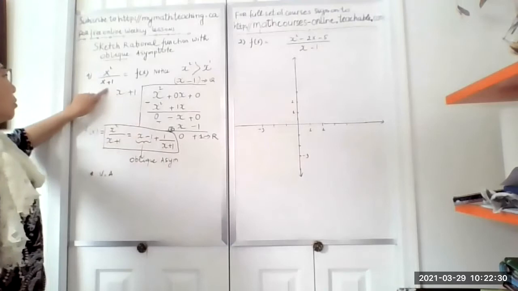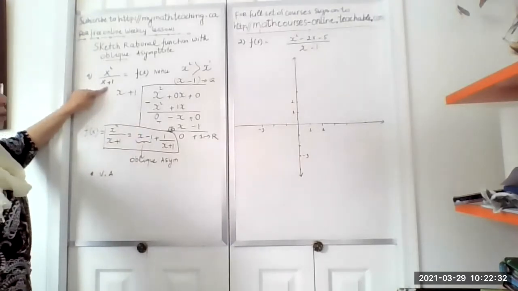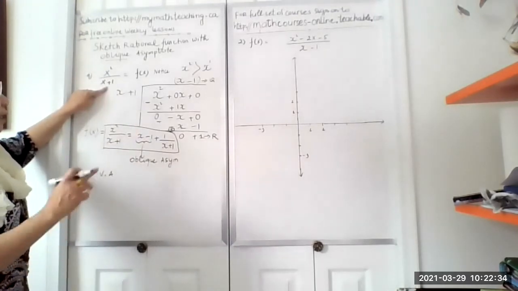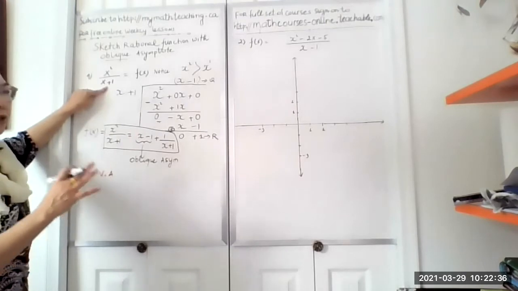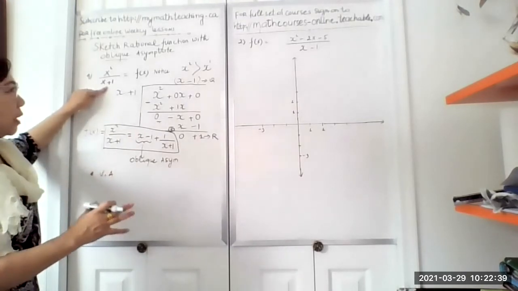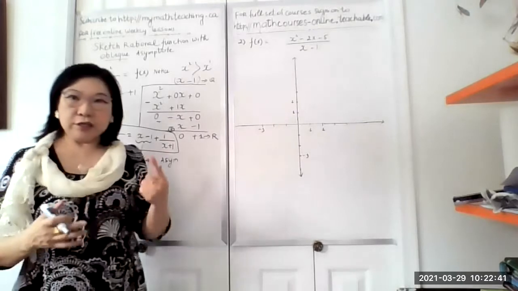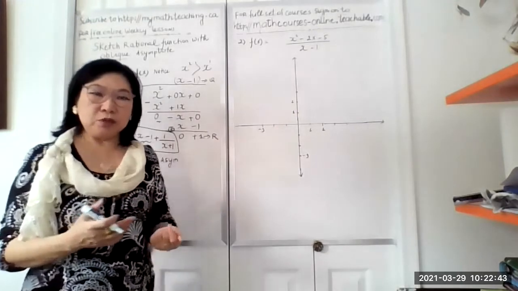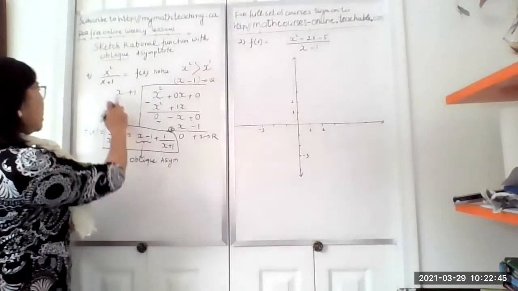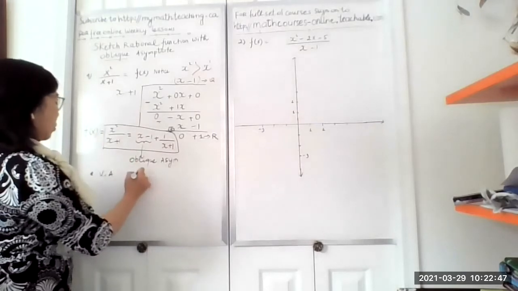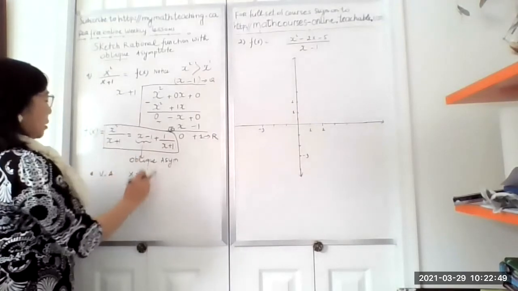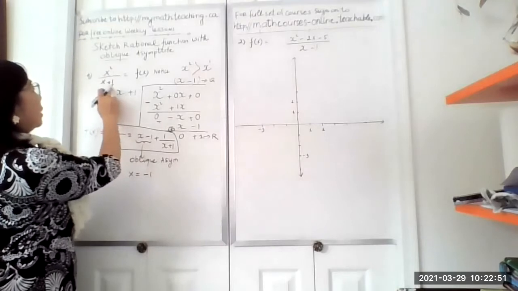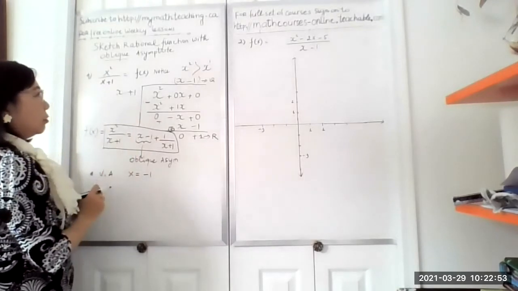The vertical asymptotes happen when the denominator becomes 0. At that time, the function does not exist. And that's why, where the function does not exist, we have a vertical asymptote. And the vertical asymptote here is x equals minus 1, because if we put minus 1 in here, minus 1 plus 1, of course, is 0.